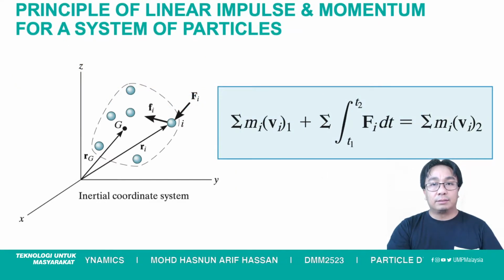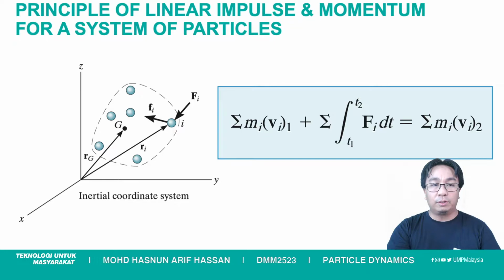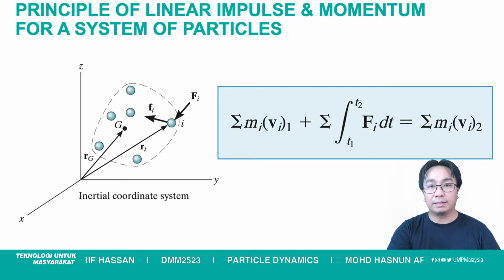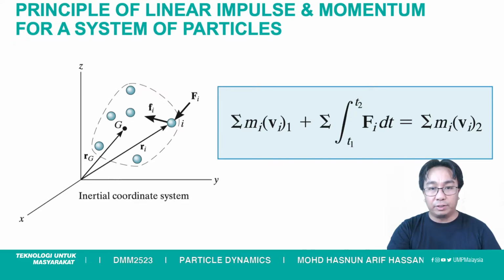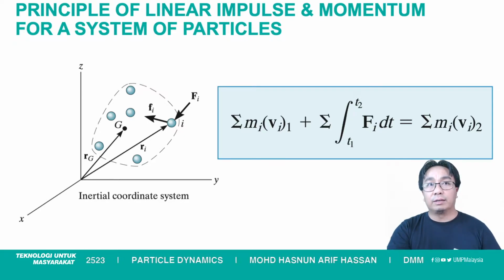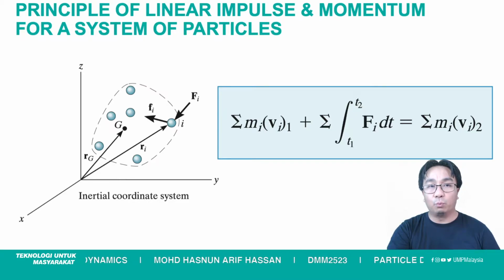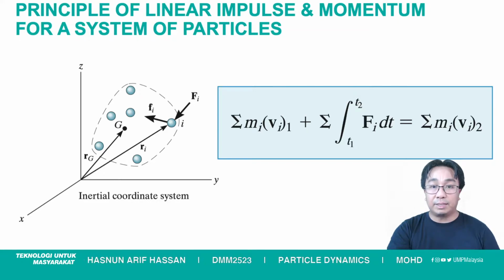The same goes for a system of particles. We have learned this in the previous chapter, where, for example, we have more than one particle acting at the same time.